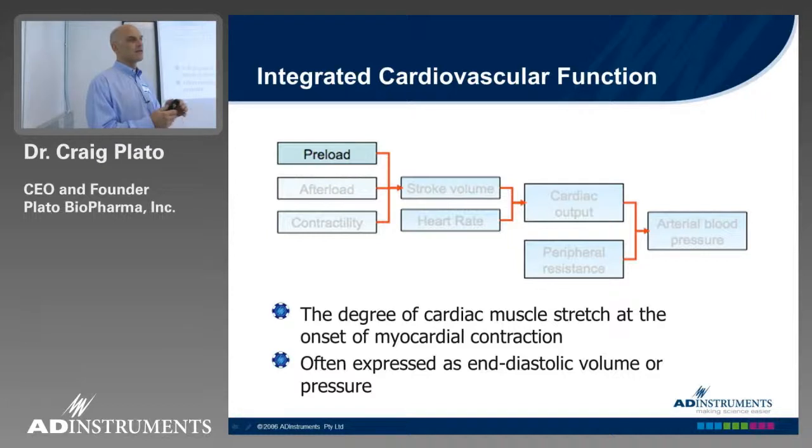In the setting of heart failure, and especially decompensated heart failure, the heart becomes overstretched and loses its ability to snap back, and that is what's called decompensation. But the heart's ability to compensate is when it's working under normal conditions, that the more we stretch it, the more it will put out. Okay? And again, this is often expressed as the end diastolic volume or pressure. So it's the amount of load on the heart prior to contractions, preload.